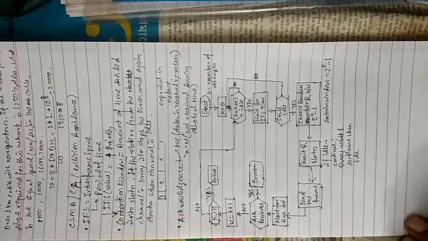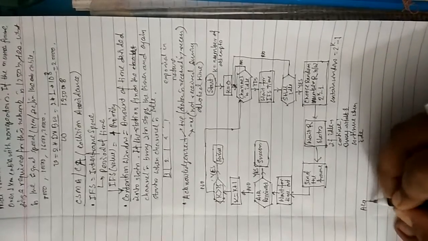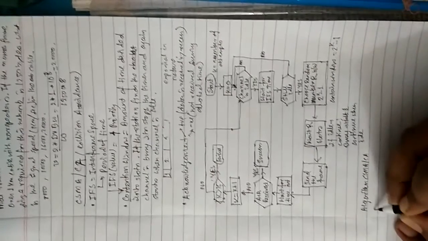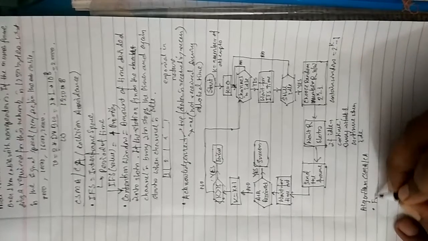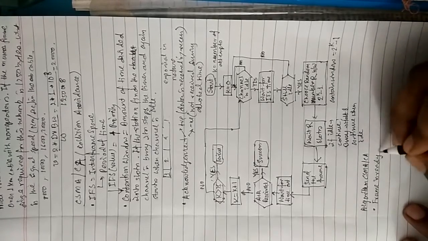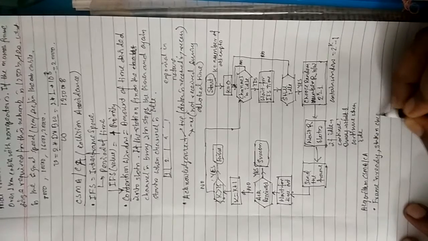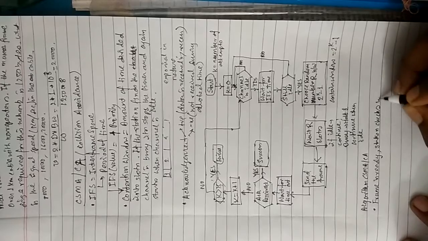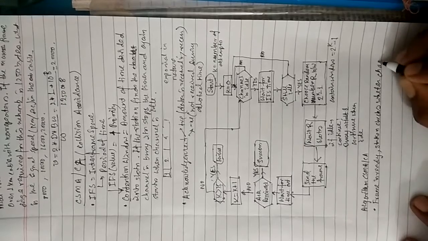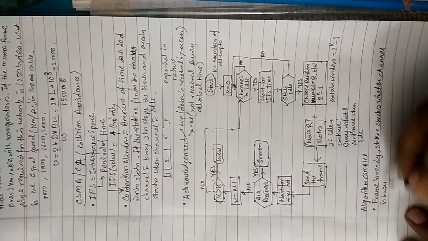Then what is the algorithm of CSMA CA? So we can say that when the frame is ready, the transmitting station checks whether the channel is busy or idle.